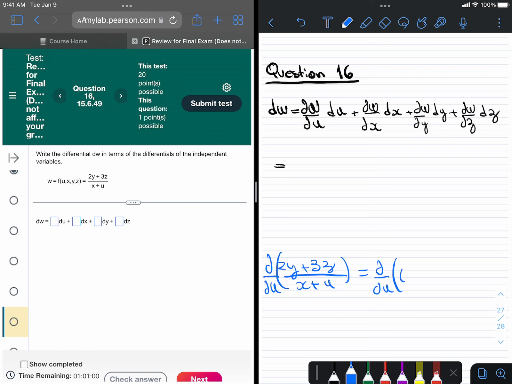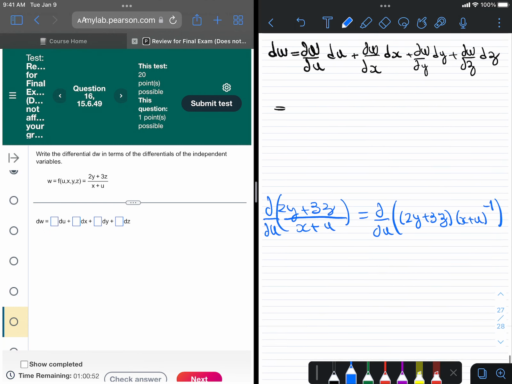So it's as if you're deriving some constant times x plus u to the negative 1. So the constant stays. You bring the power down, so that's a minus 1 times the function to the power minus 1.